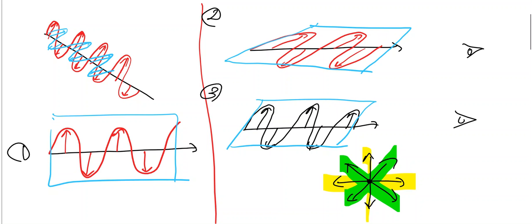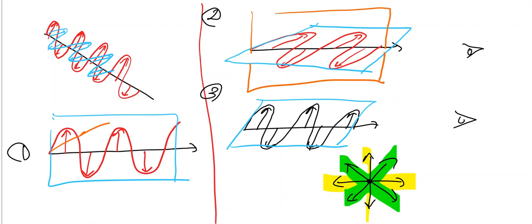And plane of polarization is the plane which is perpendicular to the plane of oscillation. So two definitions here. What is plane of polarization? What is plane of oscillation?